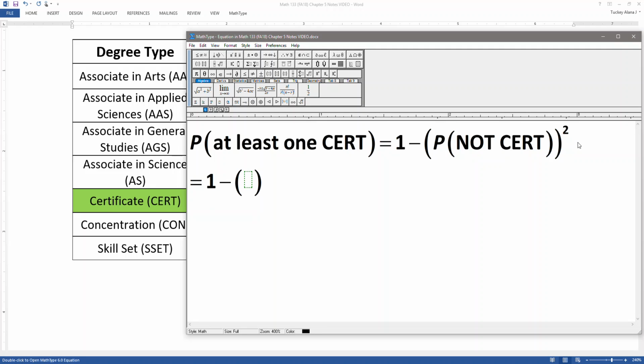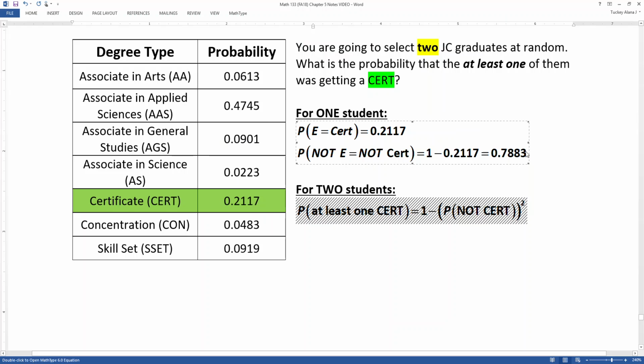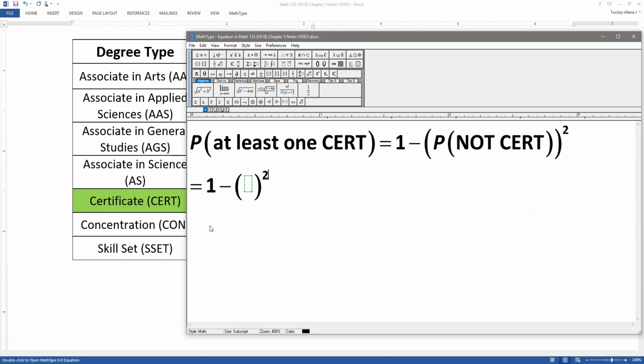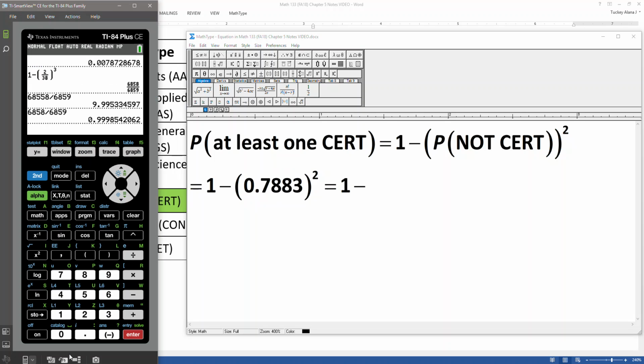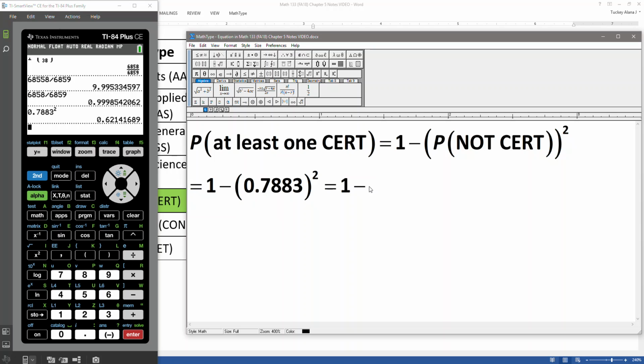All right, well, we already found what not getting a certificate was. It was 0.7883 right here. So we're going to take that 0.7883 and we're going to square it because we're dealing with 2 trials. So that would be 1 minus, and now I've got to grab my calculator, 0.7883 squared would be 0.6214.